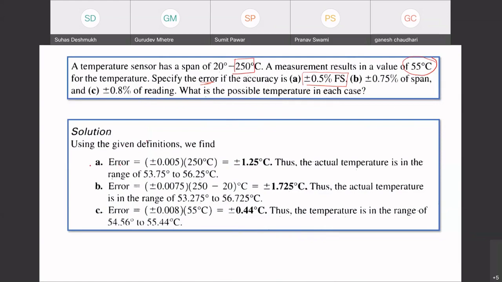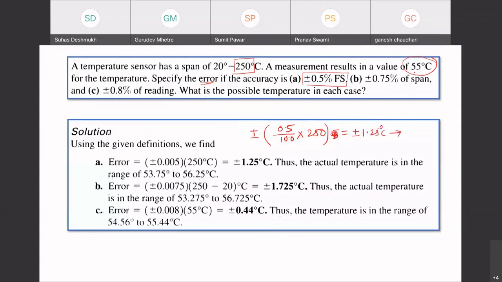So now I can determine it: 0.5% over 100, into my full scale, 250, which will result in a plus minus error, which I can get as plus minus 1.25 degrees Celsius.